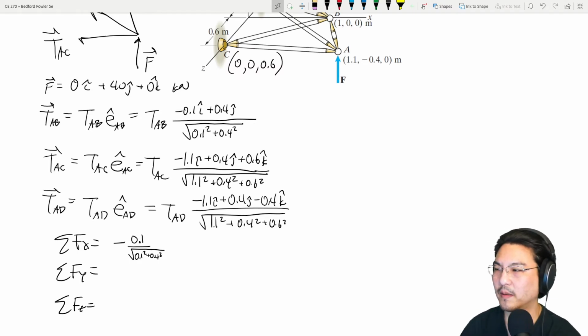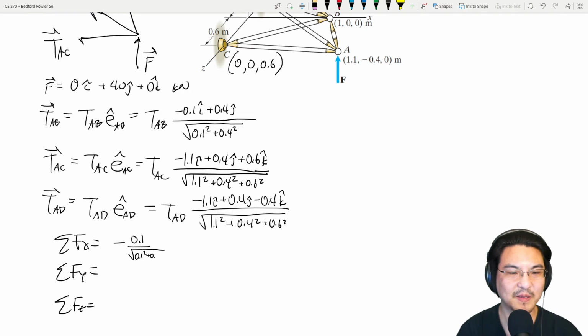Just so it's less writing, 0.16 and 0.01 is 0.17. Then TAB, and then the x component of this, so that would be minus 1.1 over the square root of this thing.